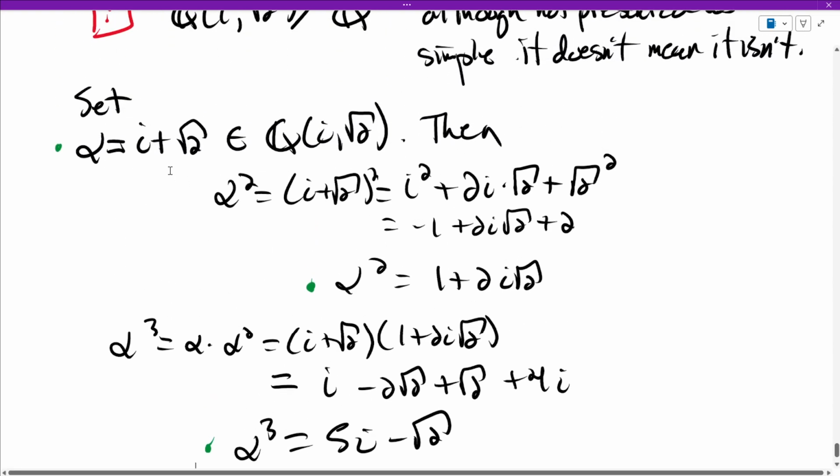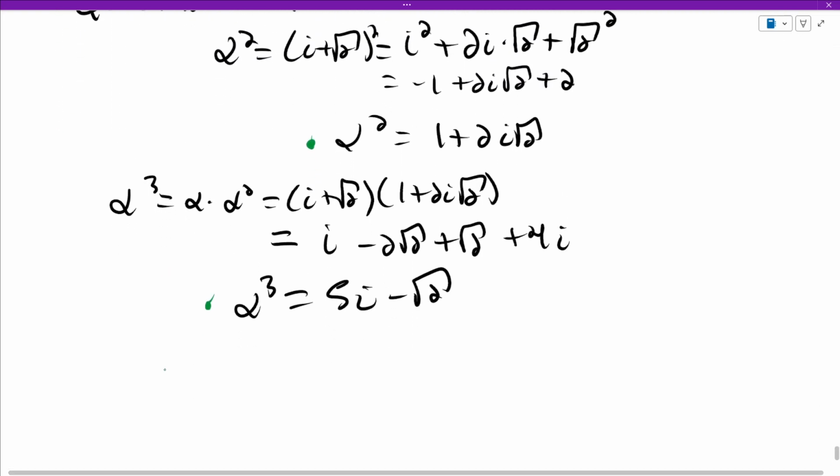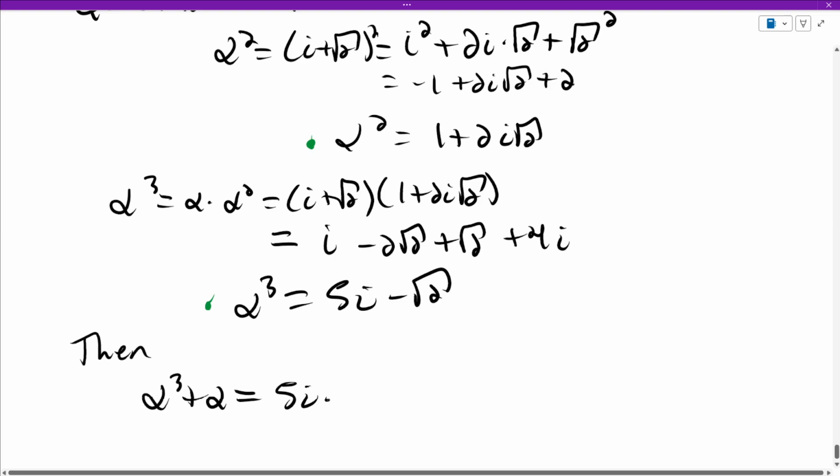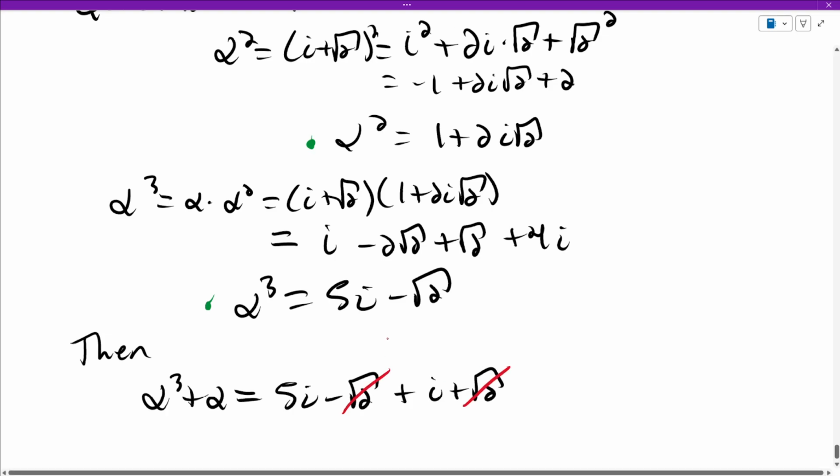Now, alpha is i plus root 2. Alpha cubed is 5i minus root 2. So what happens if we do alpha cubed plus alpha? Well, alpha cubed is 5i minus root 2. Alpha is i plus root 2. I believe the root 2's cancel.